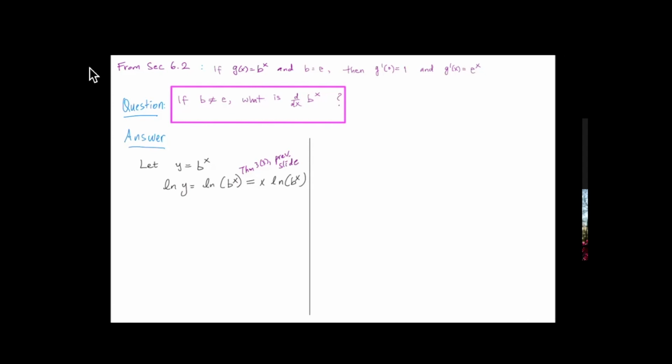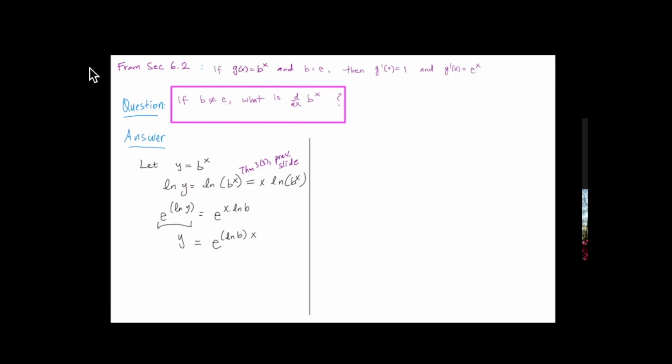So I take e to both sides. So I have e to the natural log of y equals e to the x times natural log of b. And this becomes y. And this becomes just the same thing, but let me first write down the natural log of b first, times x.